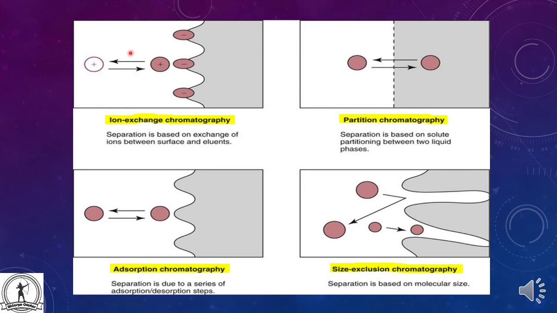There are two types of exchanger, cationic and anionic. Cationic exchangers exchange anions. Remember this very well, cationic exchangers exchange anions. And second, anionic exchangers exchange cations.